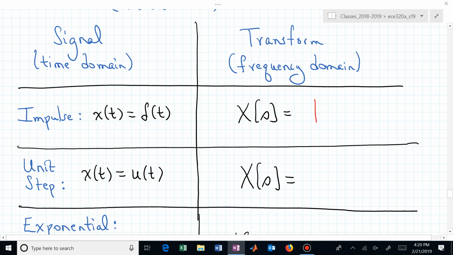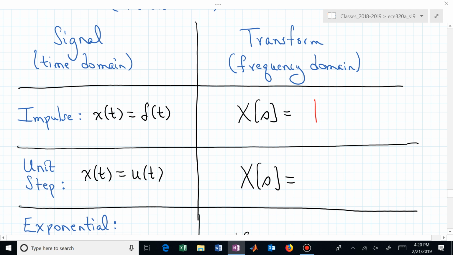How many think it's 1? How many are not thinking? At least you're honest. It is 1. Shouldn't have been any doubt. I believe it's 1, sir. Yes. So it's 1. How about the unit step?